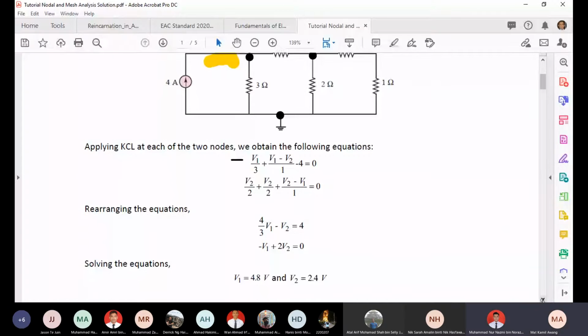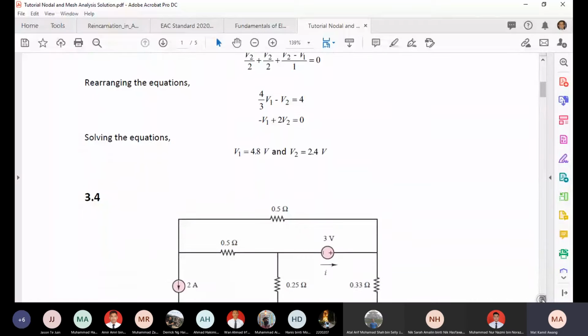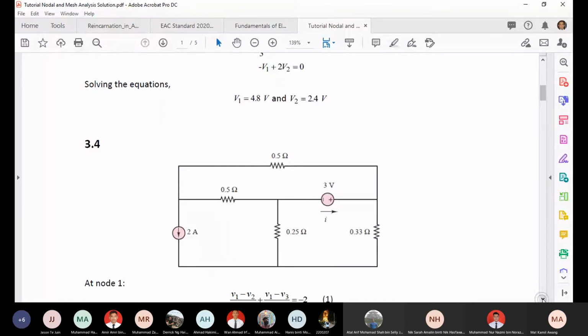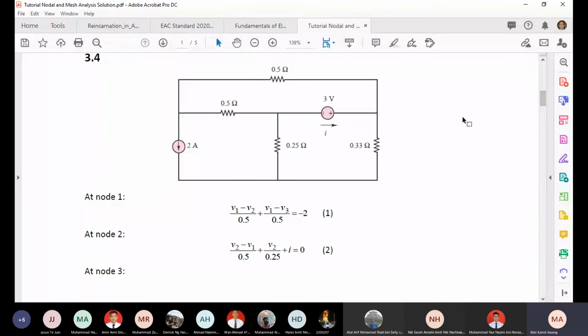Okay, that is number one. Number two, you are given these circuits and you are asked to solve for I. This I, and I think this one I already solved in the lecture, right?